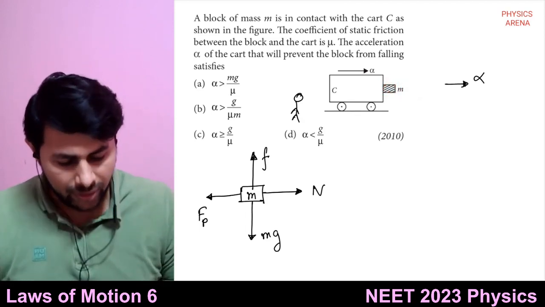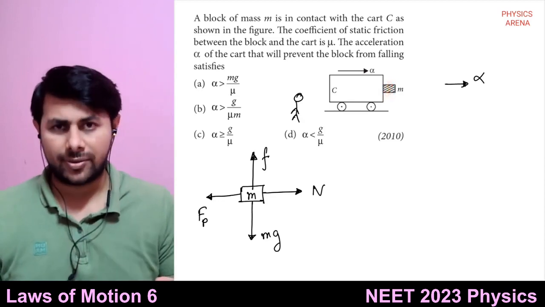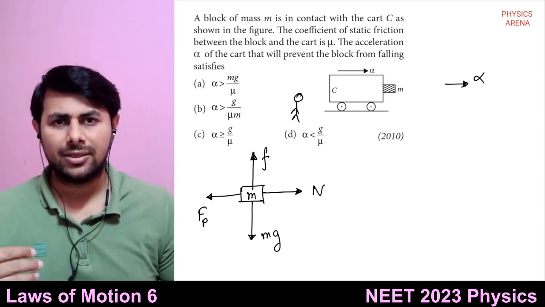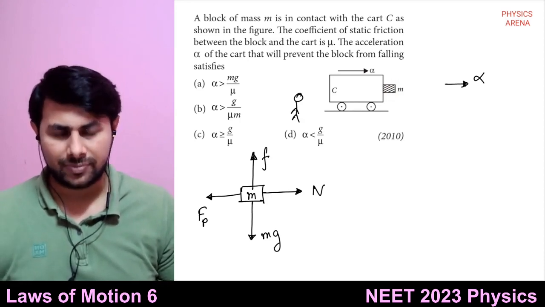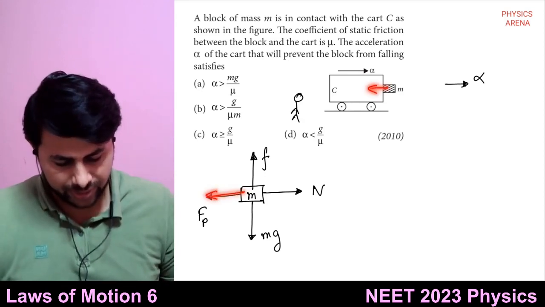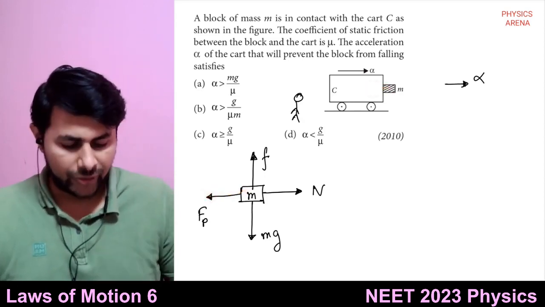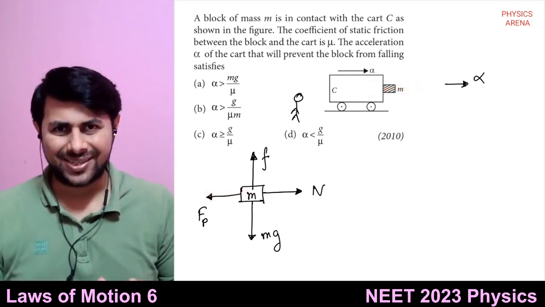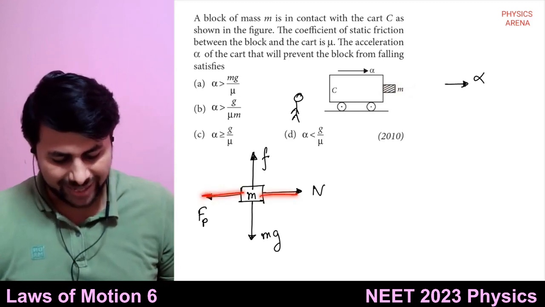But for the observer who is riding along with the block, he is at rest, he is not moving, but there is a pseudo force acting on him, towards left. This is the direction of the pseudo force. And what is the normal reaction doing? Because the observer is at rest, the normal reaction is balancing that pseudo force.